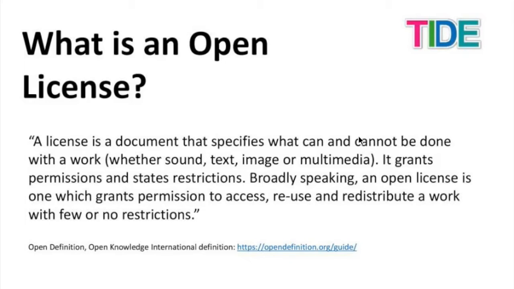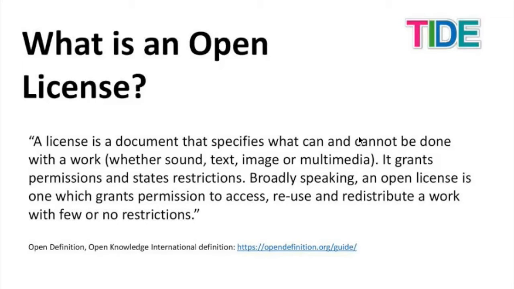And yes, you're right, there is a connection. I can see in the chat, thanks. There's a connection to open educational resources, and we'll talk a bit about this. So it's the idea of opening up and granting permission to people to use a resource in a specific way. And there's lots of different types of open license. You're probably aware of this, depending on the kind of resource that you want to make available.